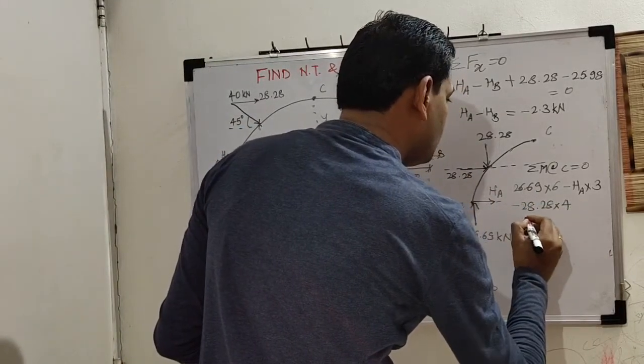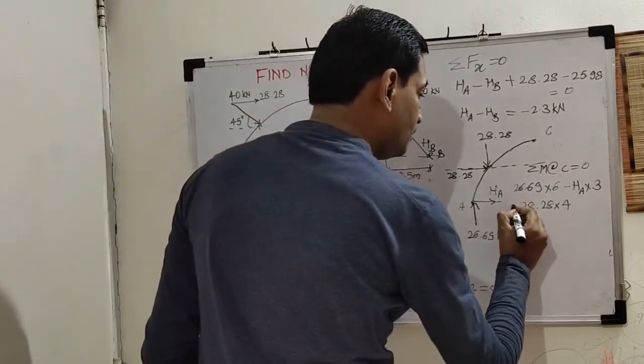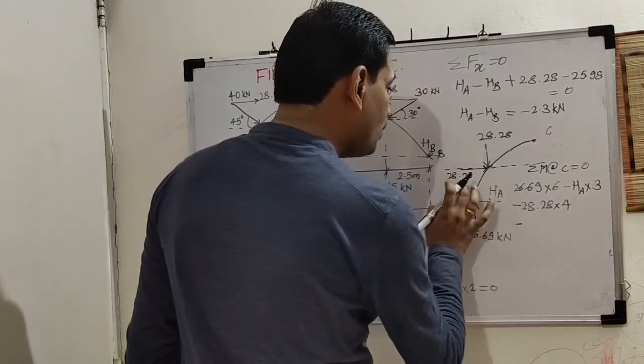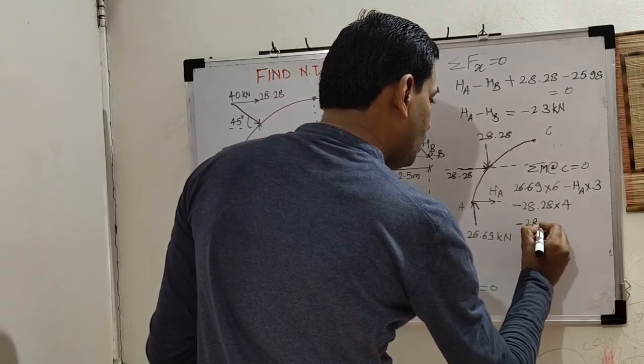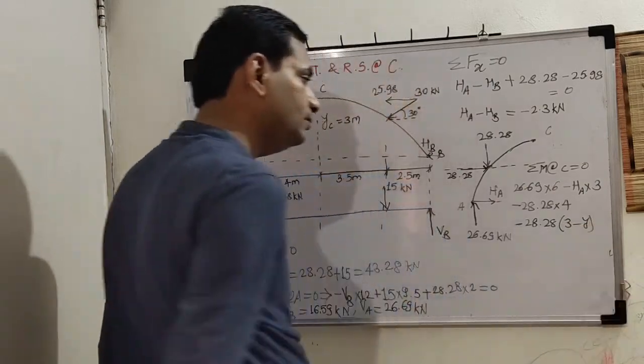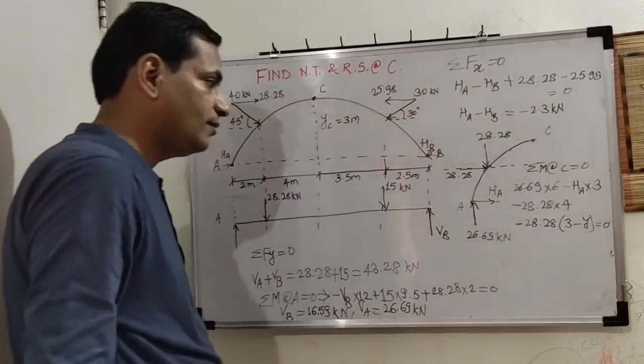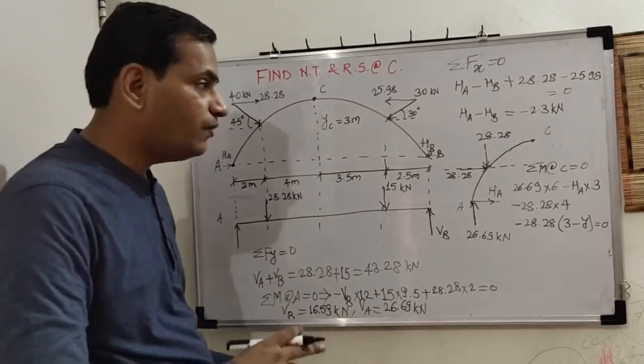Both are anti-clockwise movements, so minus. Now for horizontal, 28.28 into 3 minus y, it is equal to 0.